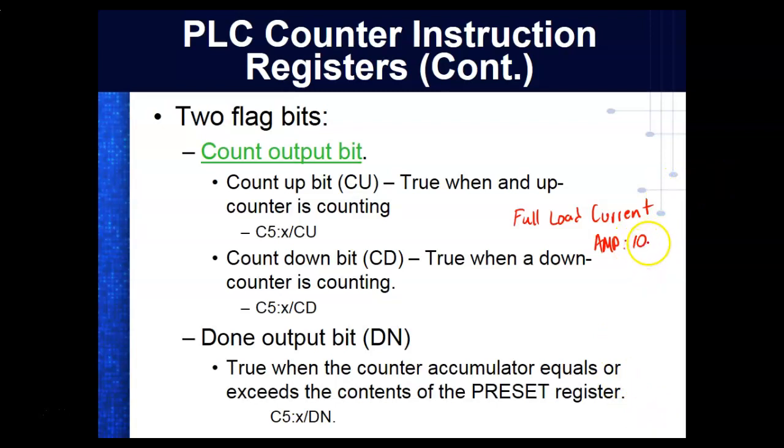What this is, is what the motor should pull when it's running at speed under its load. So if you had a 5 horsepower motor and you loaded it with 5 horsepower, it would pull 10 amps. That makes sense? If you ran it overloaded, it would pull more, but then it might have a chance of stalling, which is not good on a motor.